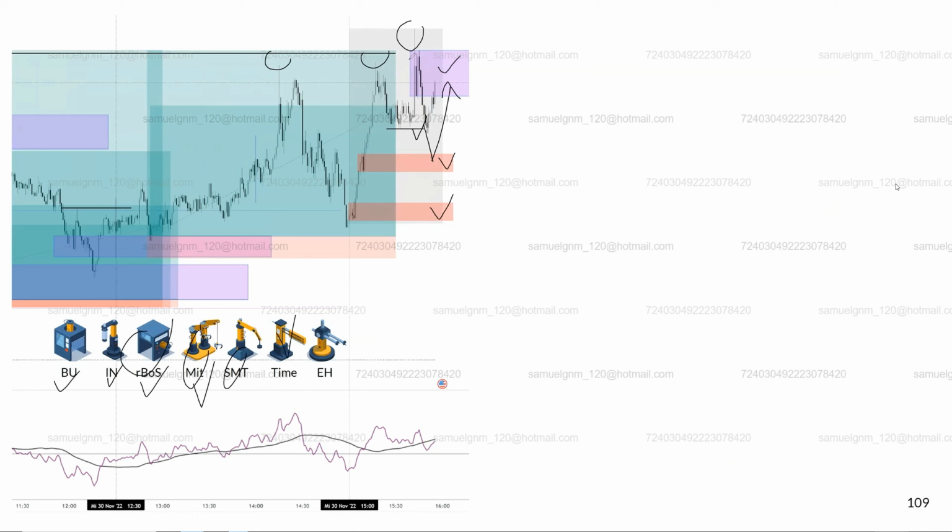Timing, you can see it already. New York trap window. Entry helper is the next, and what a surprise. Look at this Mona Lisa in here. After all the steps we had, finally we also have our M1 LTF to give us the much better entry of this big mitigation zone.